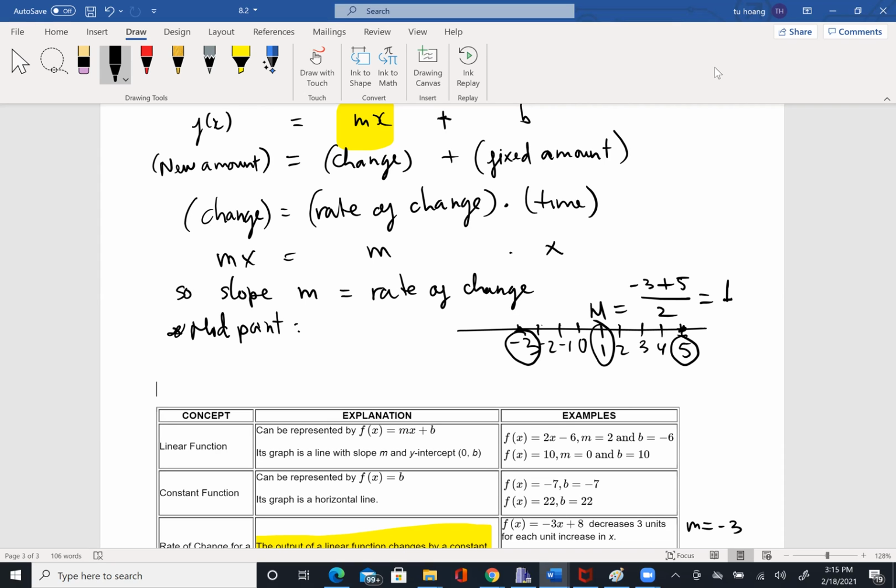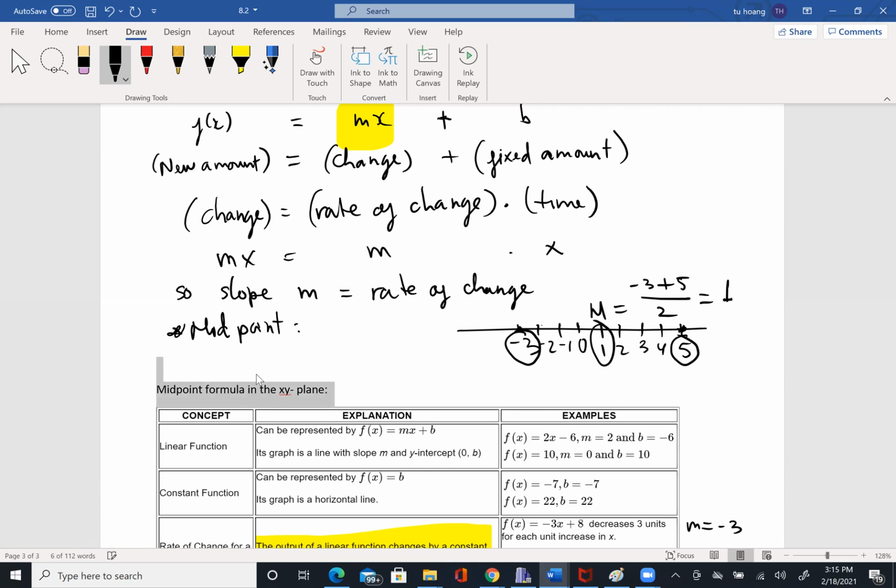But we are talking about the midpoint in the xy plane. So now let's talk about the midpoint formula in the xy plane.